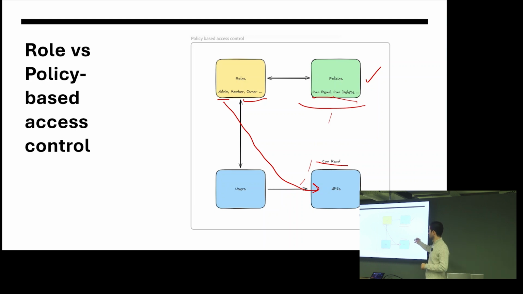So for instance, you're going to say this API, the user just can read this API. And it means that in the authorization process, you're going to take a look at these can read policy in the claims. You can simply change these policies between the different roles.